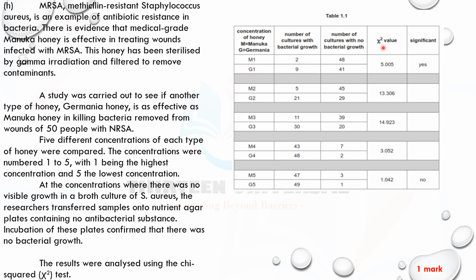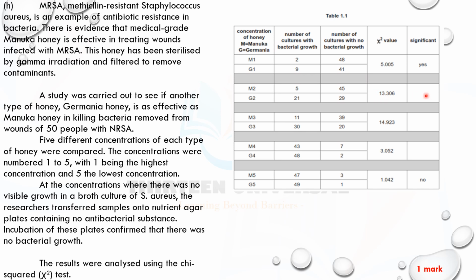We can see that the chi-square value here is significant, yes, significant. Now of course the difference here is also significant. Should it be yes or no? You can see it's also significant. Look at the difference between them.